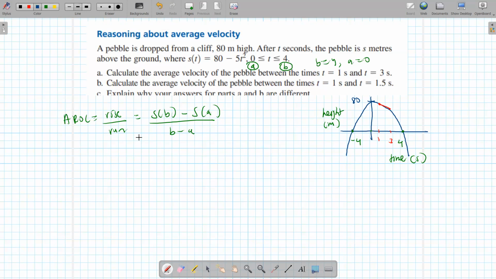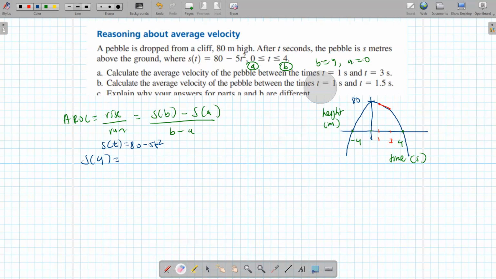Well, it's actually pretty straightforward. If our function is 80 minus 5t squared, that's our S of t, right? S basically means the height.